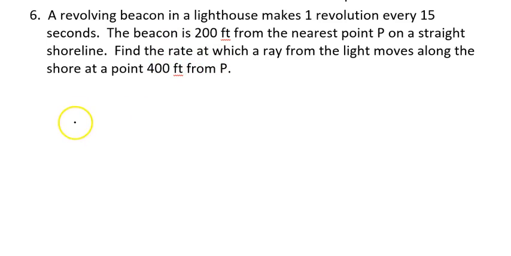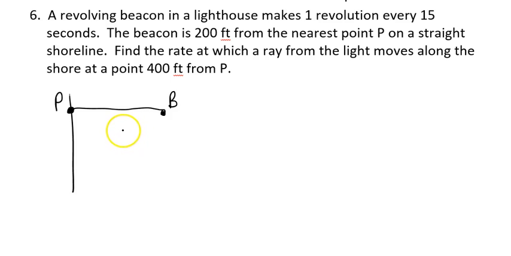So I'm going to say here is my shore and here is my beacon, so I'm going to name it B. And it says that the nearest point P on the shoreline. So the nearest point is obviously straight over. And so I'm going to put P over here on the shore straight from B. And because I'm trying to figure out how this works with geometry, I'm going to put a line between those at the moment.